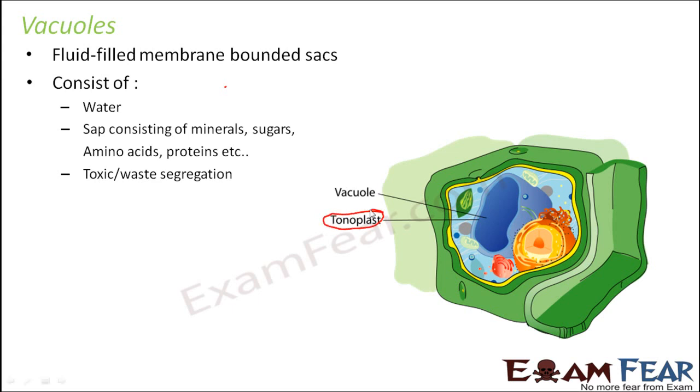So a specific name is given to the membrane which surrounds the vacuole. Now if you ask how these vacuoles are formed, they are again formed by infolding of some portion of the cell membrane. So this is your cell membrane, the yellow colored structures. Some portion of the cell membrane itself gets folded and forms a structure like this.